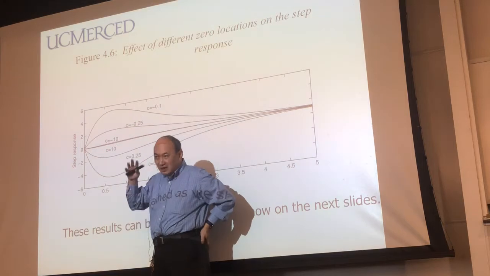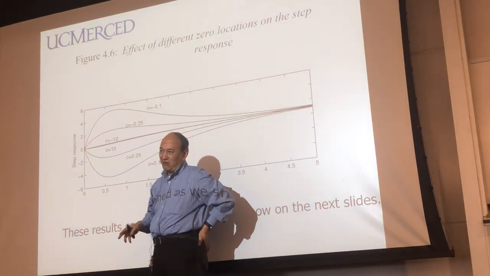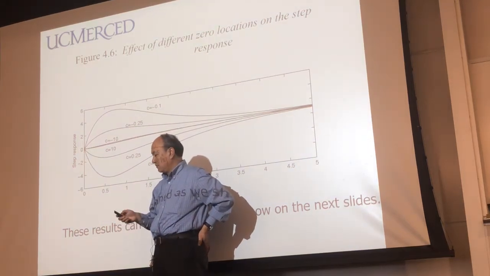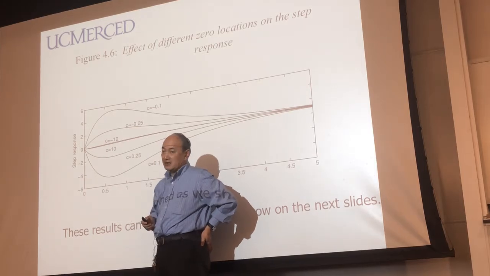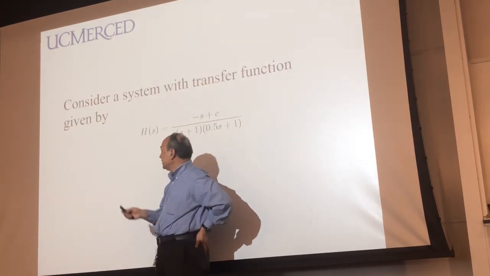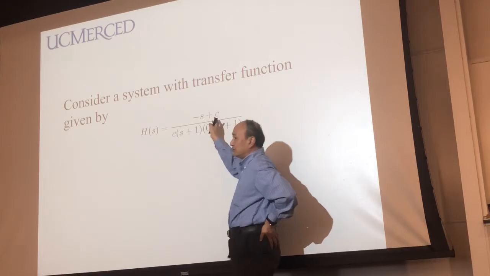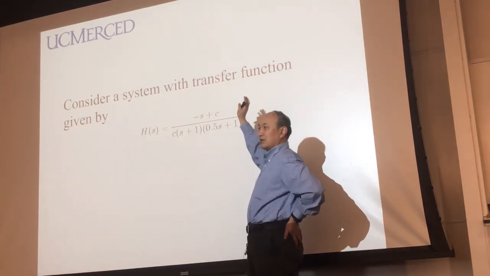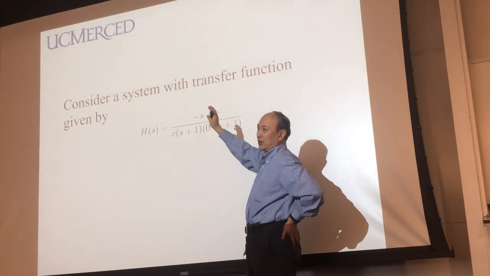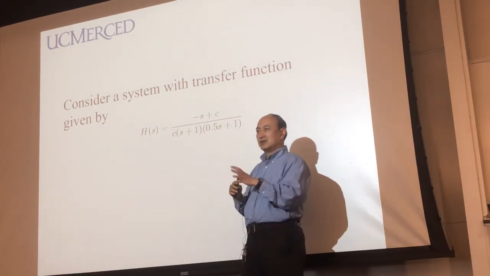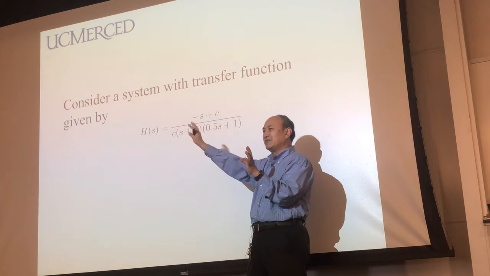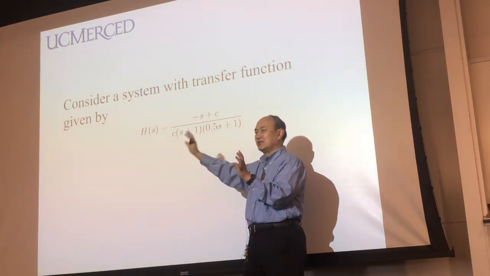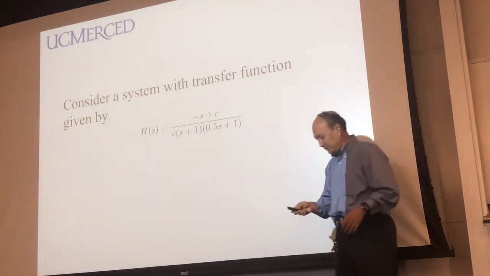That behavior is called non-minimum phase behavior, NMP. So when the zero at s equals C, with C greater than 0, it is a non-minimum phase zero on the right half plane. These are equivalent: a right half plane zero is a non-minimum phase zero. Okay? Make sense?